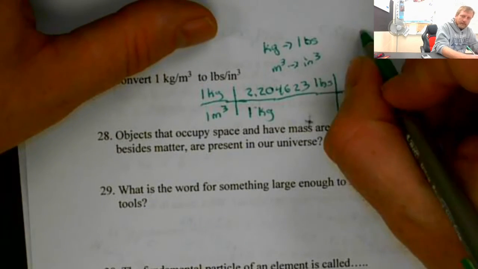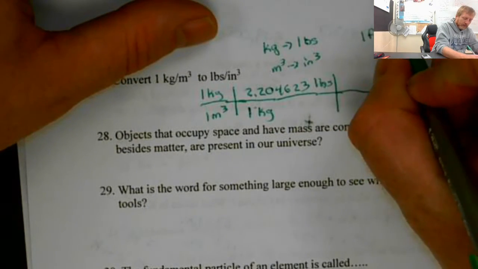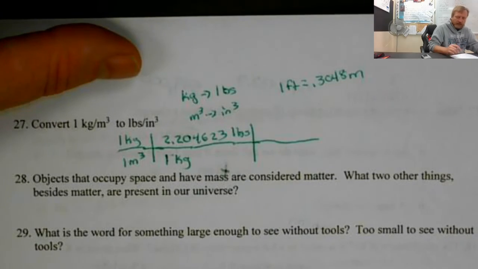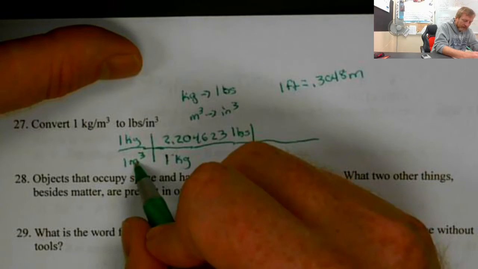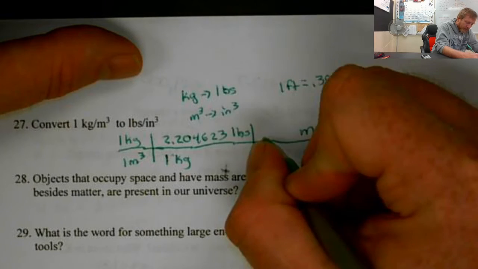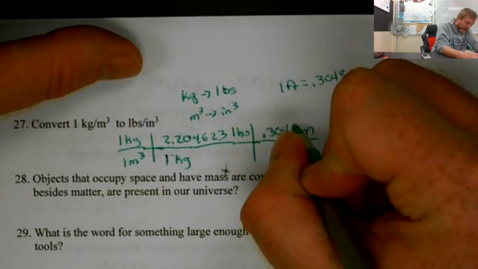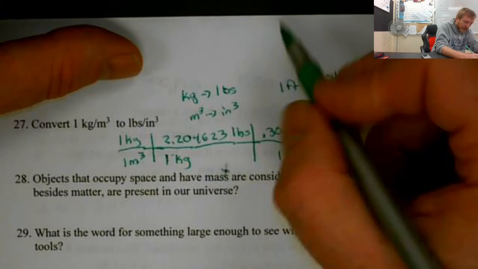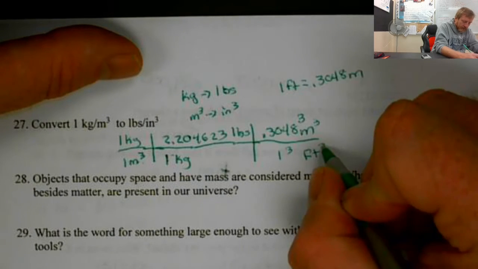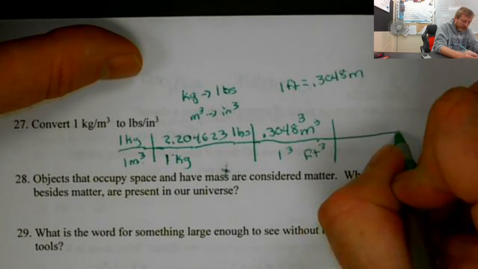So again, 1 foot equals 0.3048 meters. And so I'm going to convert this meters into feet. Now, since meters were in the bottom, they need to be in the top. Feet need to be in the bottom. 1 to 0.3048. But now, since this is cubed, this needs to be cubed. And that gets me into cubic feet.